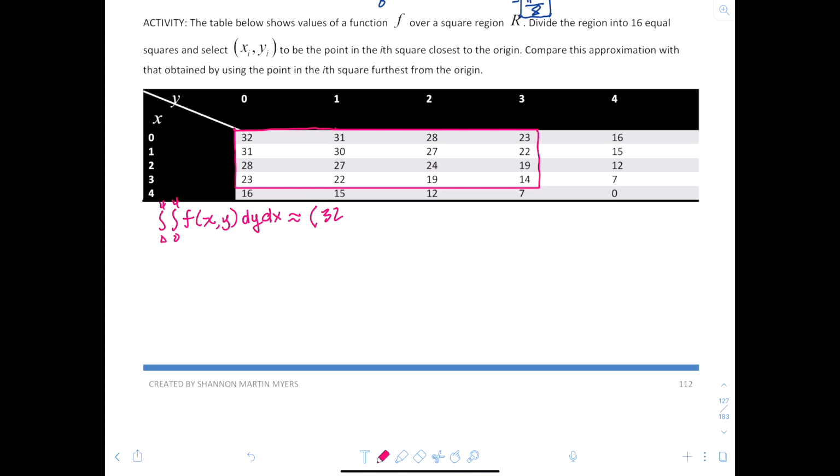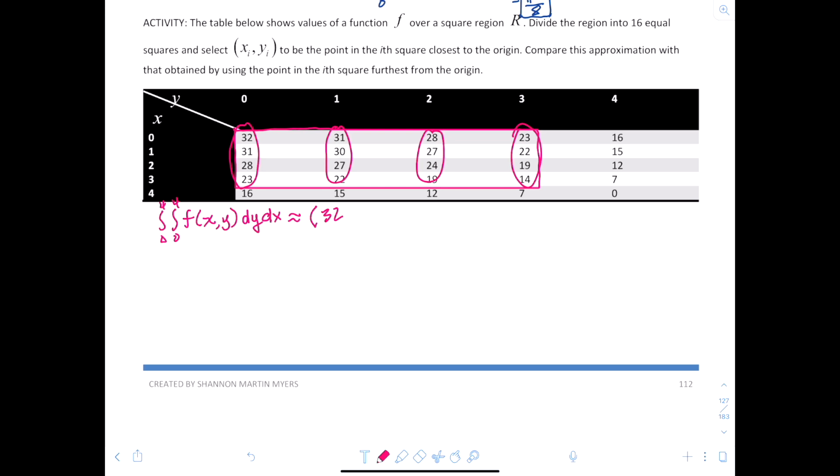You would be looking at these values right here, and you'd be summing them up because of the way we set up our integral. It's both vertically and horizontally simple.